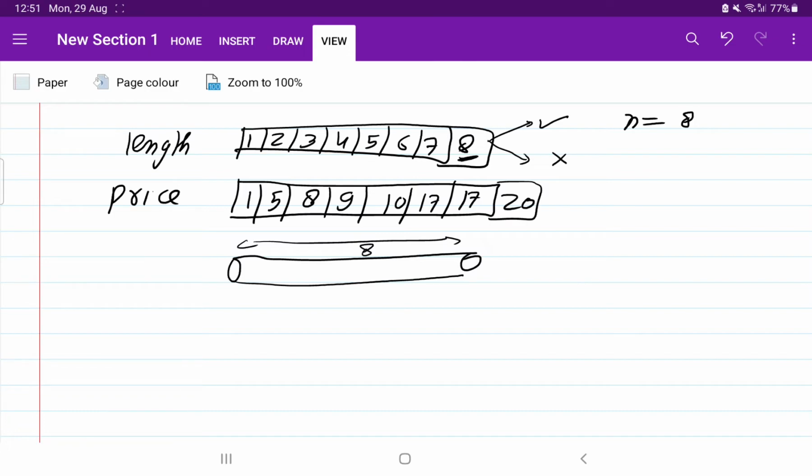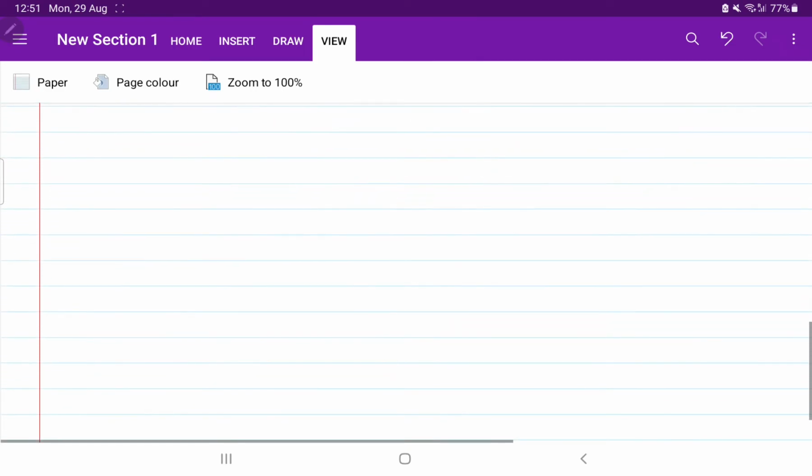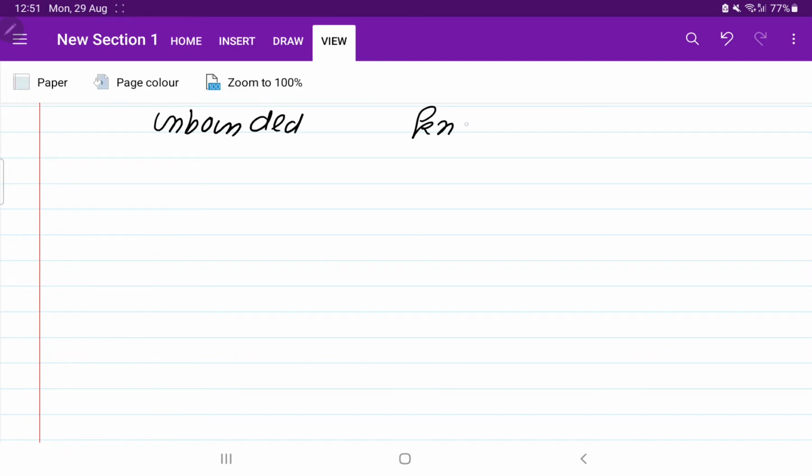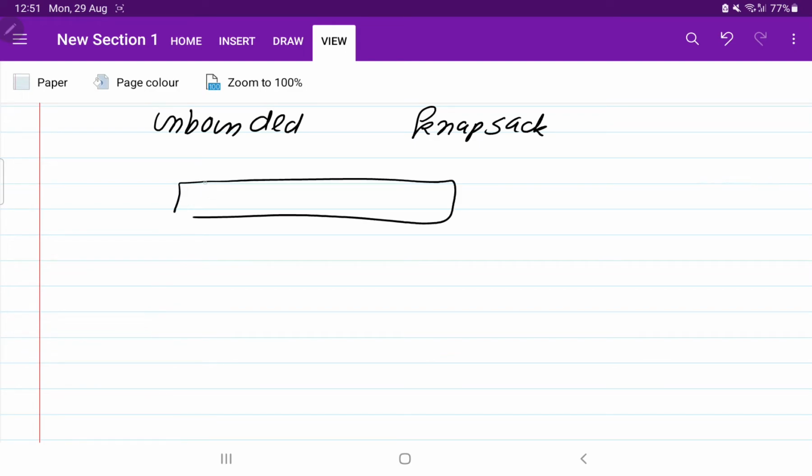Here I want to teach you one concept of knapsack, the unbounded knapsack, and this problem is the unbounded knapsack. Suppose an array is given with lengths 1 2 3 4 5 and 6.